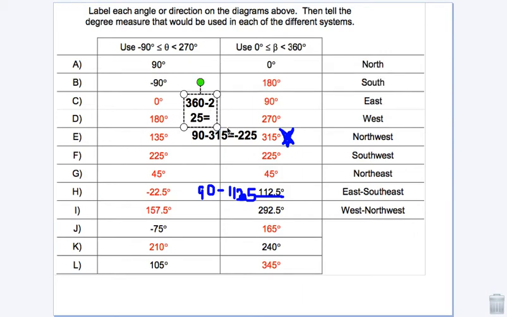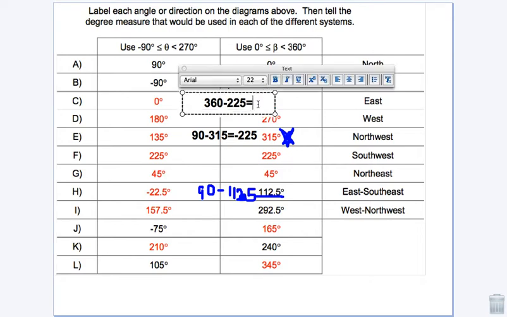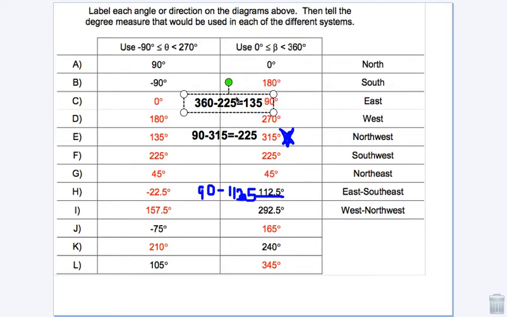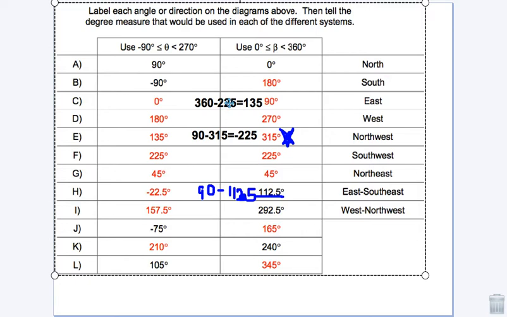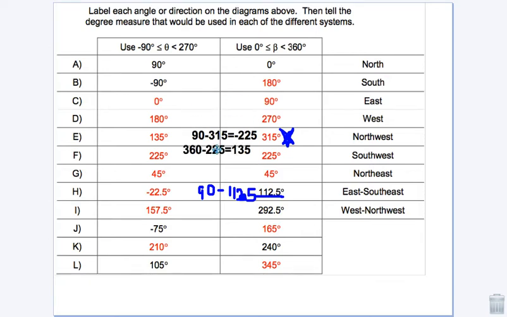Let me change the shape of my box so it all lines up. There you go. You will end up getting 135 degrees, okay? So I know the formula looks crazy, because if you do 90 degrees minus 315, it doesn't look like you would get 135 degrees, but you have to then change your negative angle into a positive angle and you get 135 degrees.